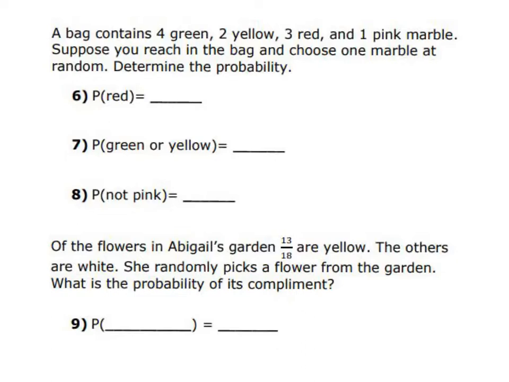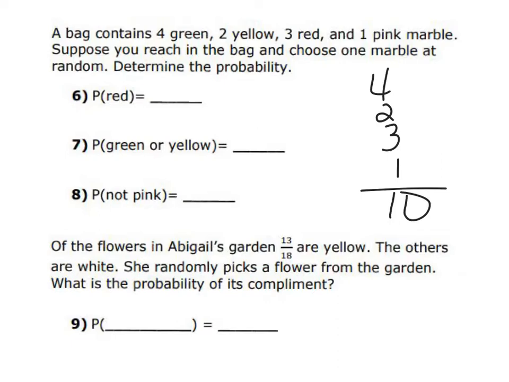Suppose you reach in the bag and choose 1 marble at random. Determine the probability. How many total marbles do we have? 10. So you would add, right? 4 plus 2 plus 3 plus 1. That is going to be 10 marbles.